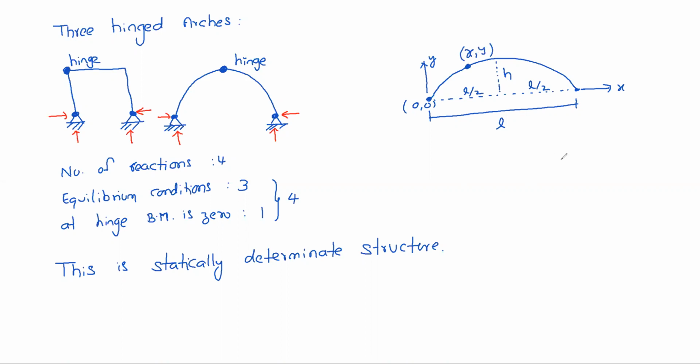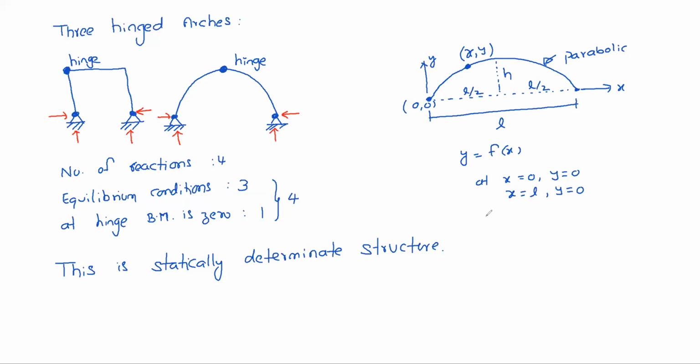So what is the relation between X and Y for a parabolic arch? This is parabolic, with span L and rise H. So Y is some function of X. What is that function? Now we can guess easily. At X equal to 0, Y is 0. At X equal to L also, Y is 0.